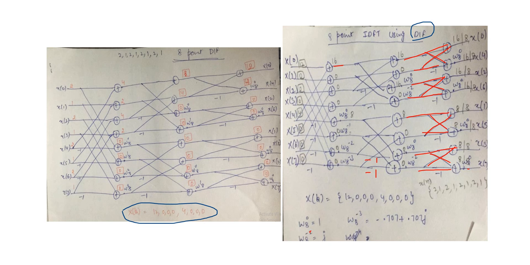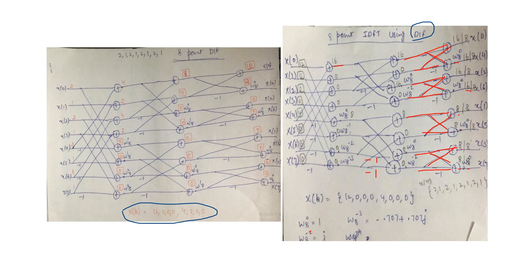We know this value is multiplied by W8 0, which is the same. So the output of the third stage is 16, 16, 16, 16, 8, 8, 8 and 8.